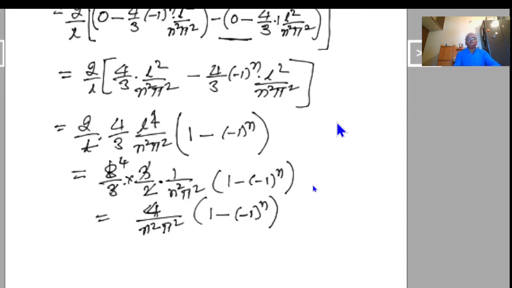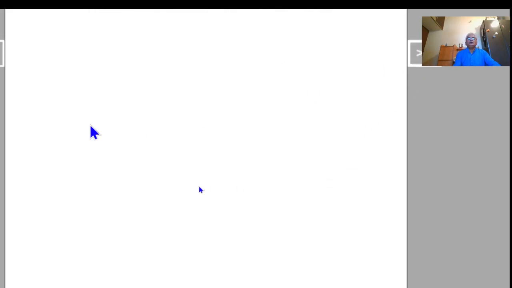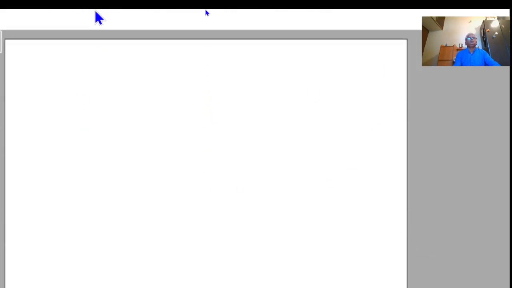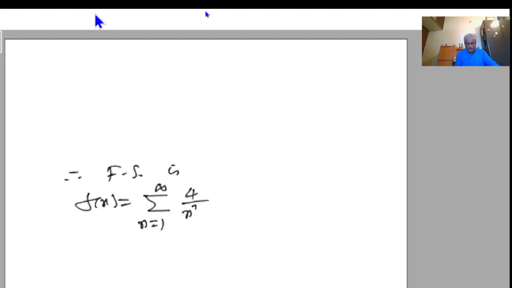Therefore the Fourier series is f of x equal to a0, which is 0, plus summation n from 1 to infinity of an, which is 4 by n square pi square into 1 minus minus 1 to the power of n into cos of n pi x by L, plus bn equal to 0.